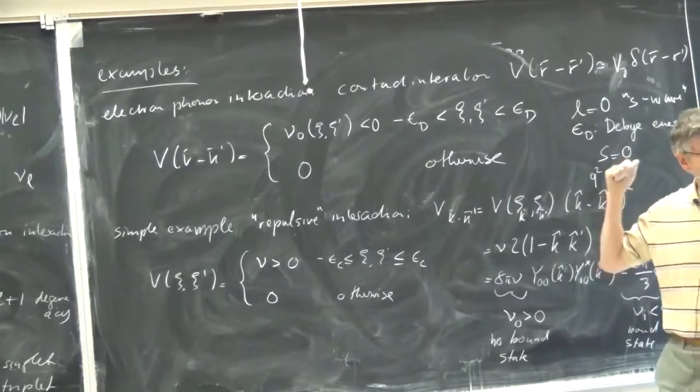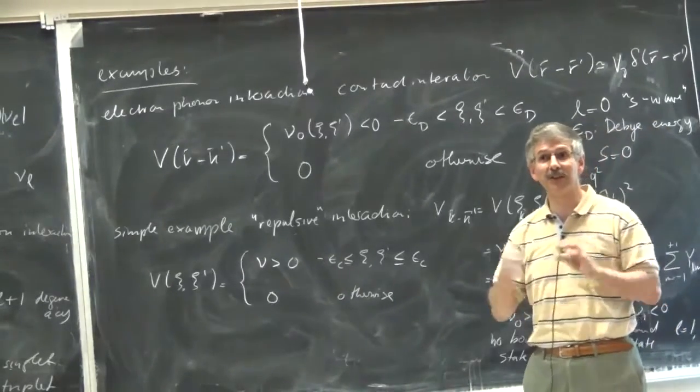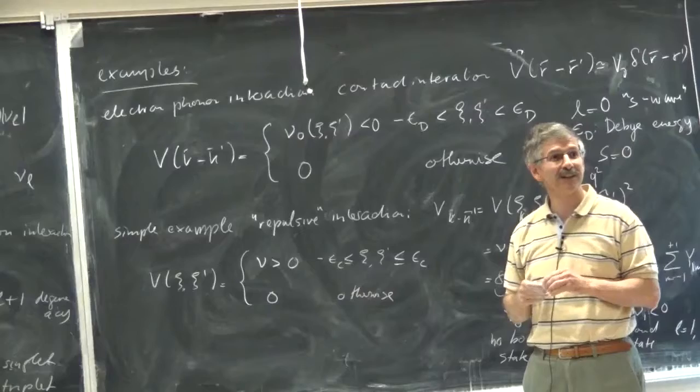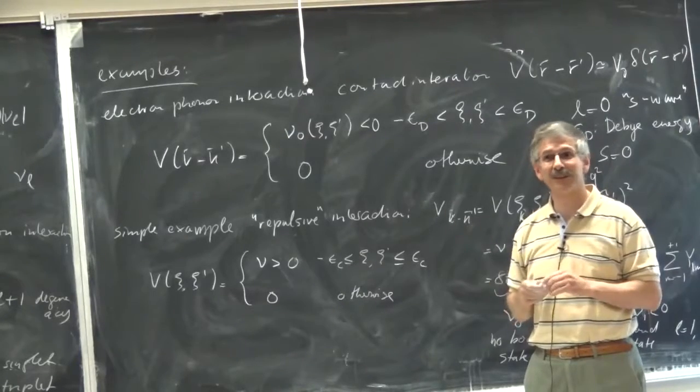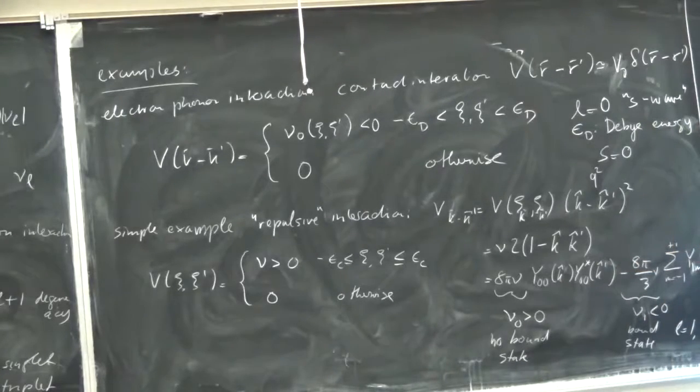And this exactly matches with L equal 2. So that would be a good exercise if you have time during this week. You can try to set up a repulsive interaction which gives you a pairing L equal 2.